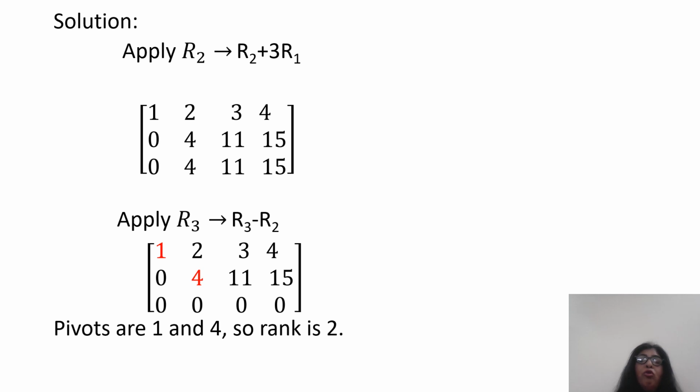Now I want 0 entries in the last row, so I will apply R3 minus R2. On applying R3 minus R2, you are getting 4 minus 4 is 0, 11 minus 11 is 0, 15 minus 15 is 0. So you can see that all 0 entries are in the last row, and 4 and 1 are two pivots. As the number of pivots is 2, the rank is 2.